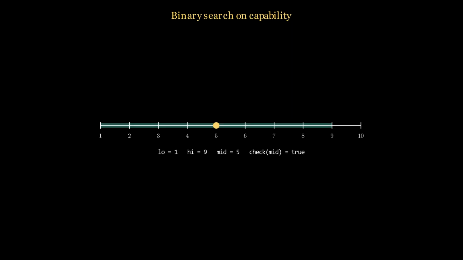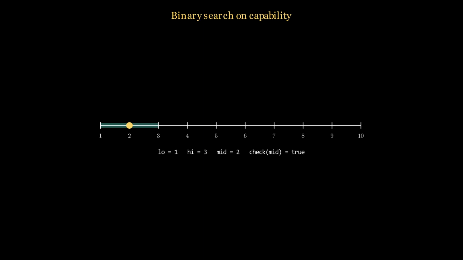Step 1, low 1, high 9. Mid is 5. Check of 5 is true, so we set high to 5. Step 2, low 1, high 5. Mid is 3. Check of 3 is true, so we set high to 3. Step 3, low 1, high 3.